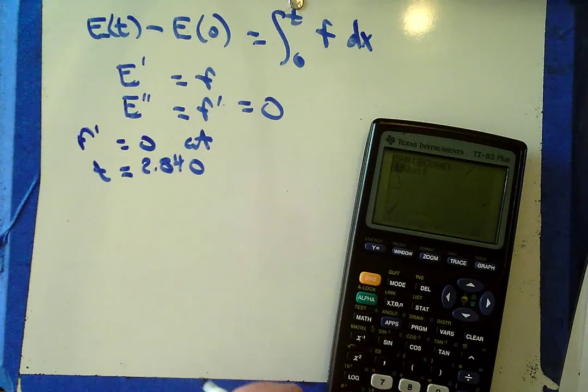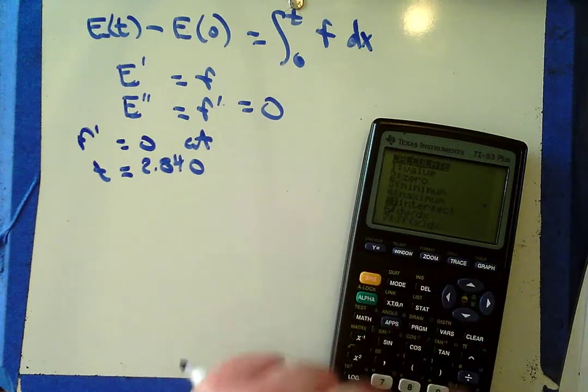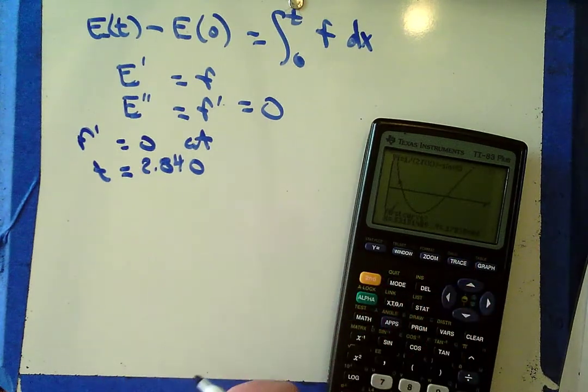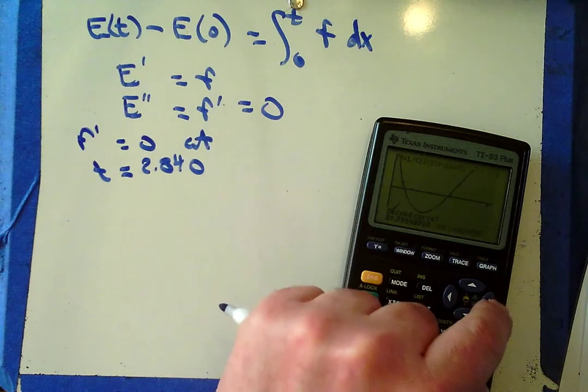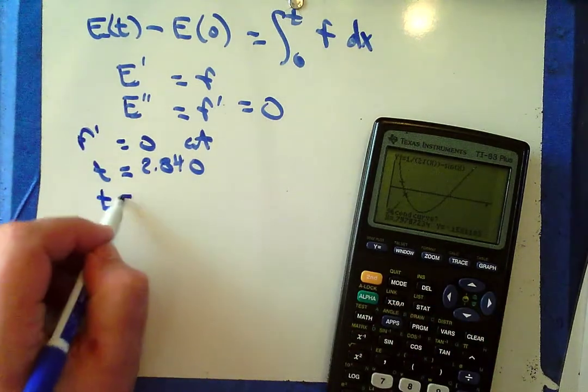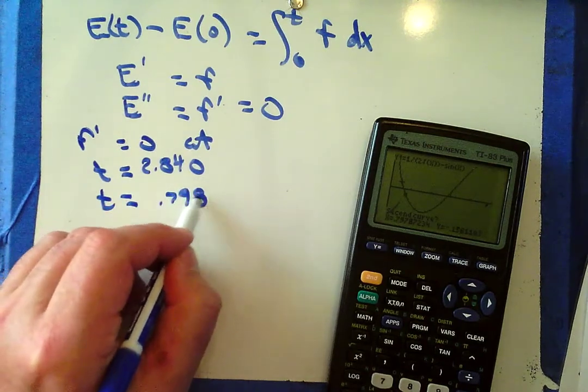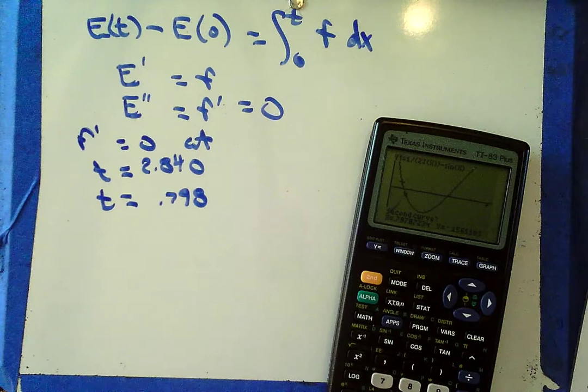Oops. Well, I didn't change the value, so I need to do that again. Second, calculate intersect, enter, enter, enter. And I get t equals 0.798. Those are my 2 times.